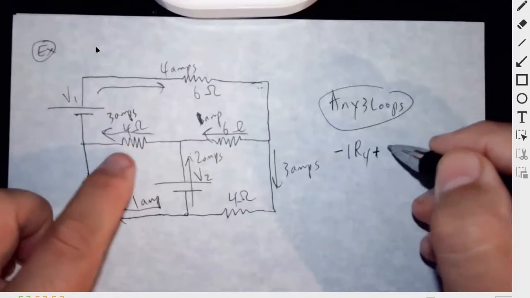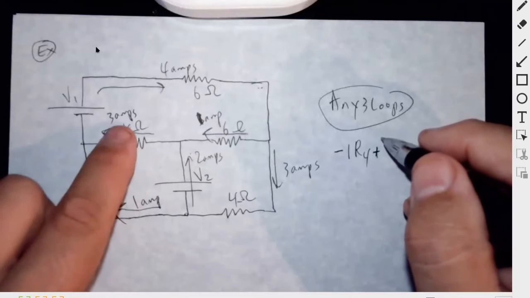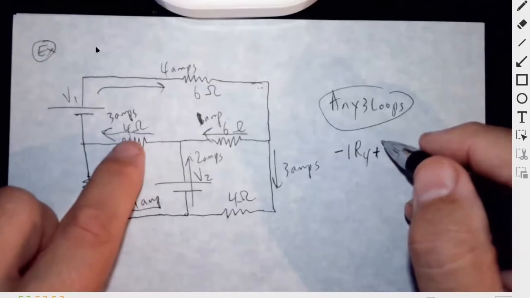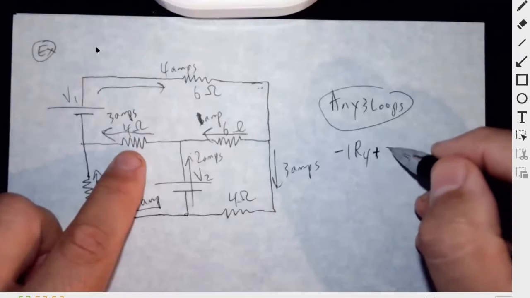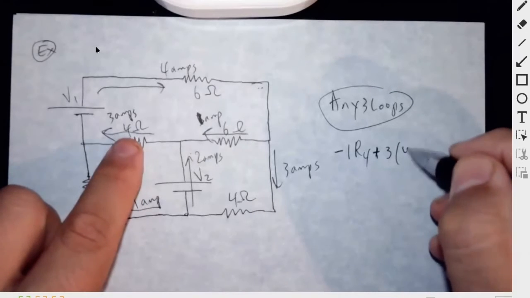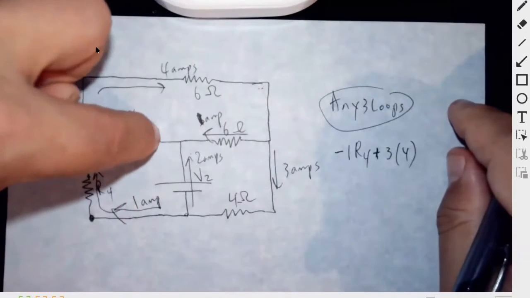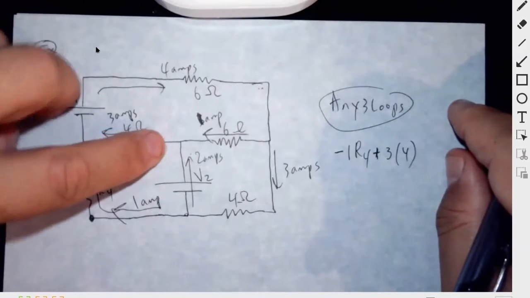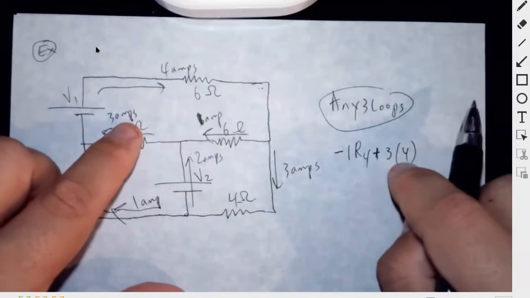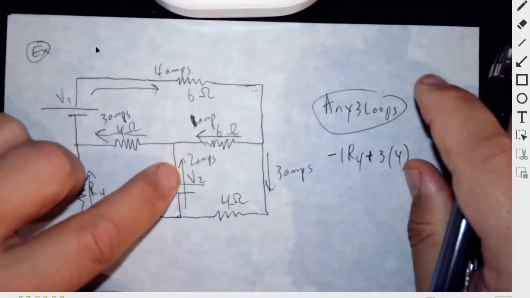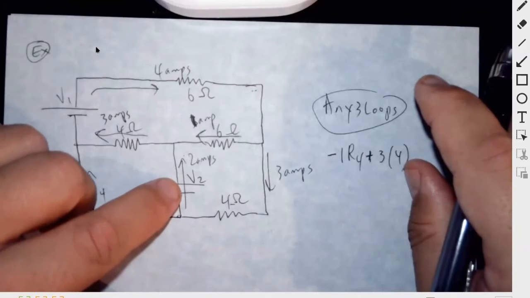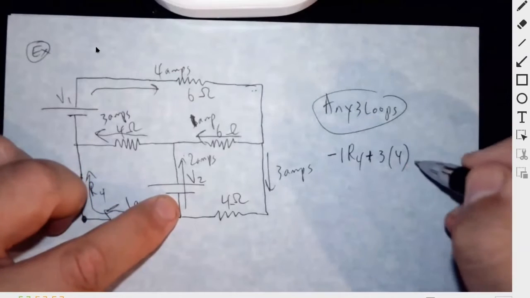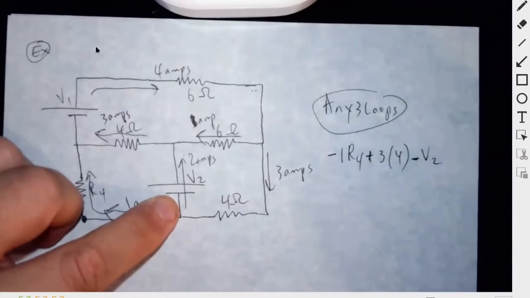What was this current here? 3 amps right here. So I'm gonna gain 3 times 4. You see, the current is coming down, and when I go against it, I gain voltage. Then here I come down. Since I'm going from the positive to the negative, I lose V2.